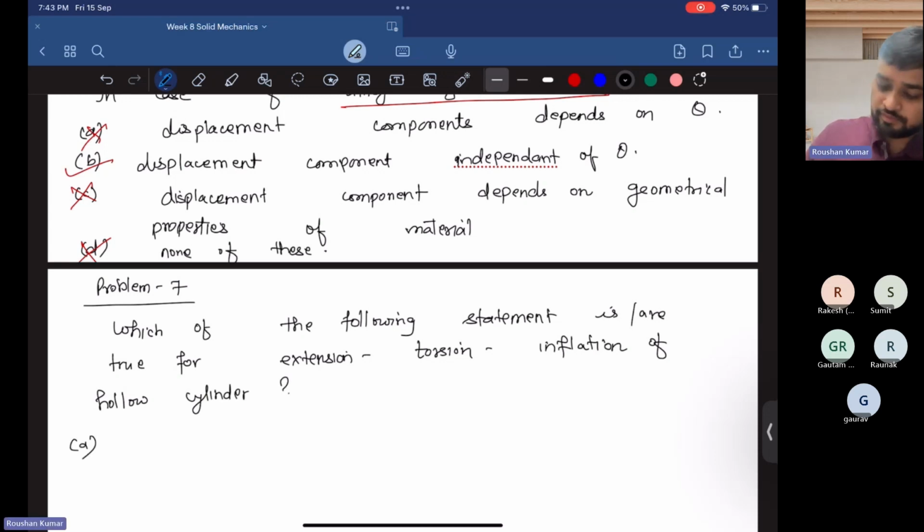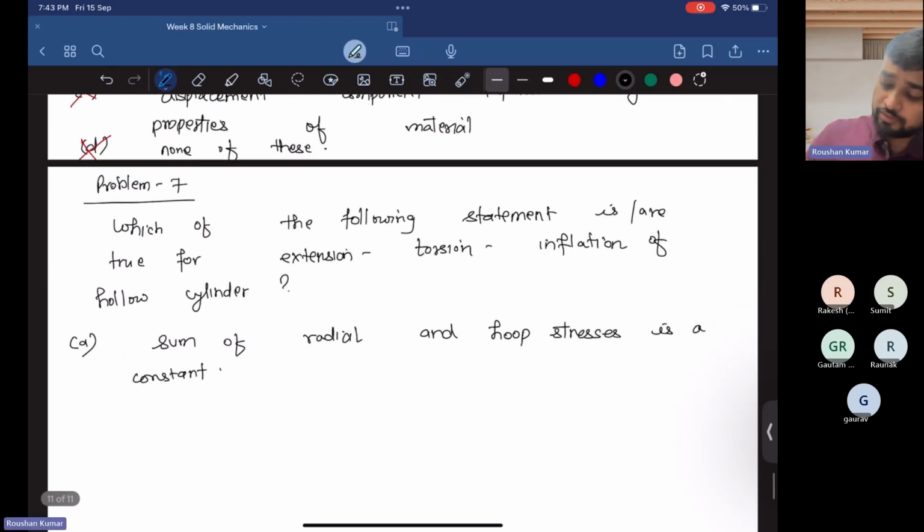The first option is sum of radial and hoop stress is a constant. The second option is radial and hoop stress does not vary individually.